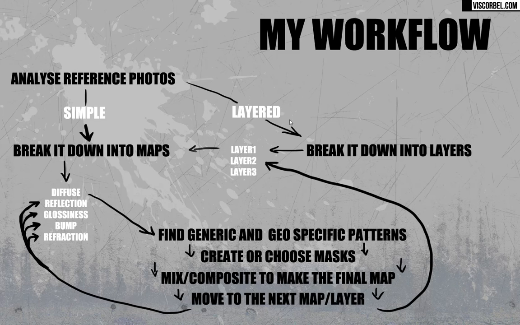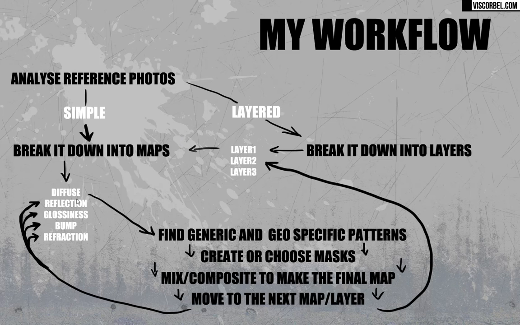Okay, so if the material is layered, just break it down into layers and then one by one start with the first layer and break it down into maps. If the material is simple, you just break it down into maps right away. So try to figure out how the diffuse, reflection, refraction and bump maps should look.